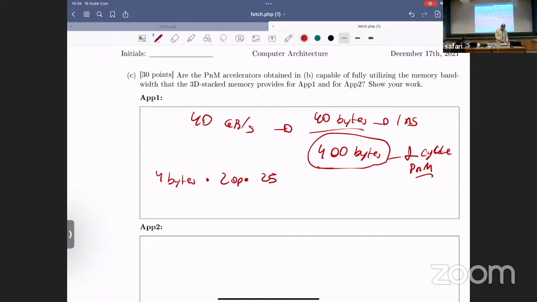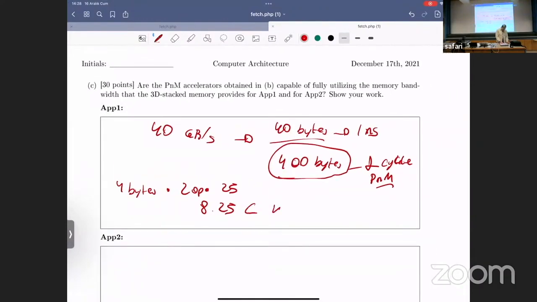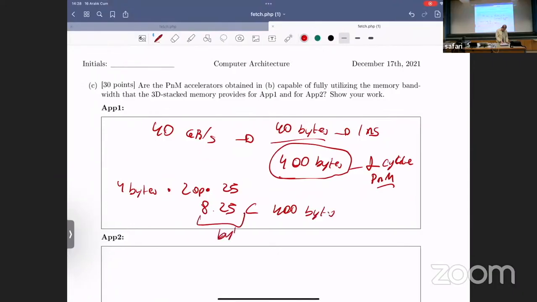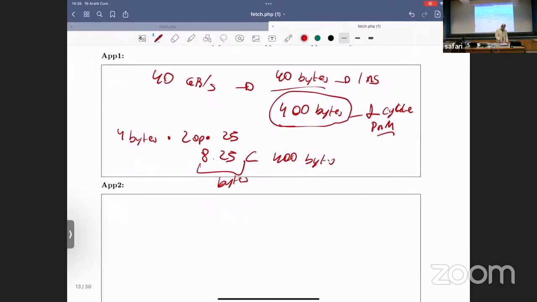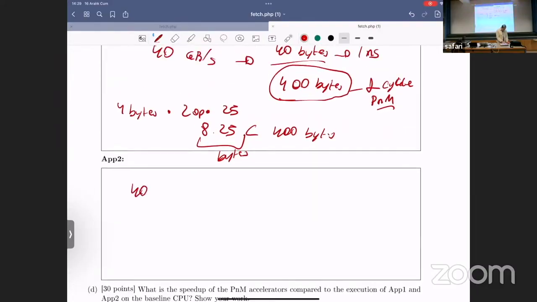So it means that this accelerator can load 8 times 25, which is 50. Yeah, this is smaller than the other one, right? So it means that this accelerator cannot fully leverage the bandwidth that the 3D stack unit can provide. And it's pretty much the same thing here.